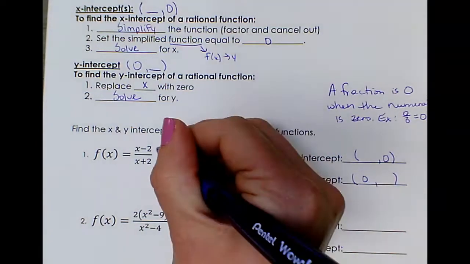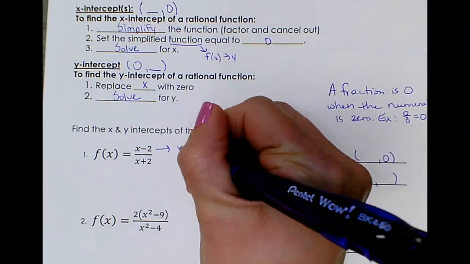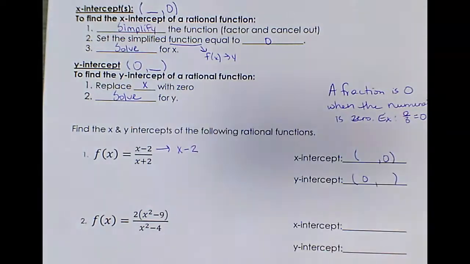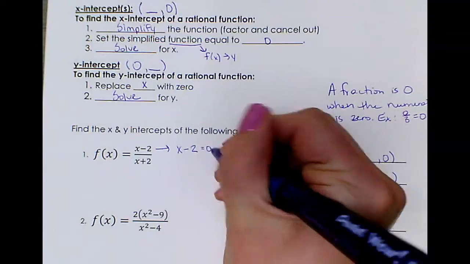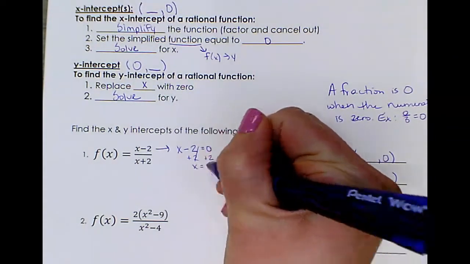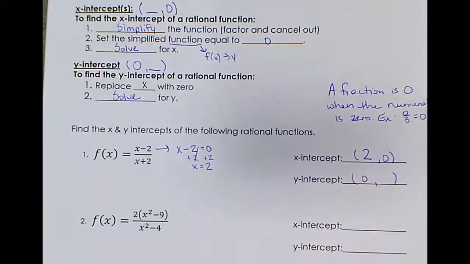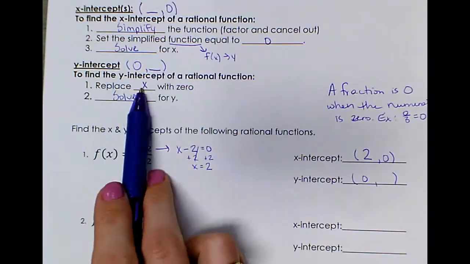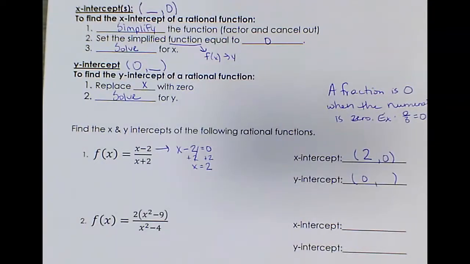So here, in order for me to set my function equal to 0, I want to set my numerator equal to 0. And I'm going to solve using inverse operations, and x equals 2 is the x value of my x-intercept. Now for the y-intercept, I want to separately replace x with 0 and solve.